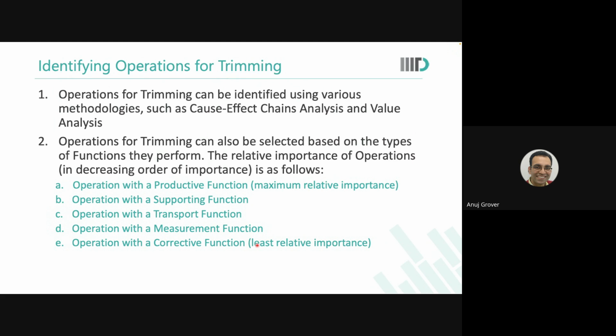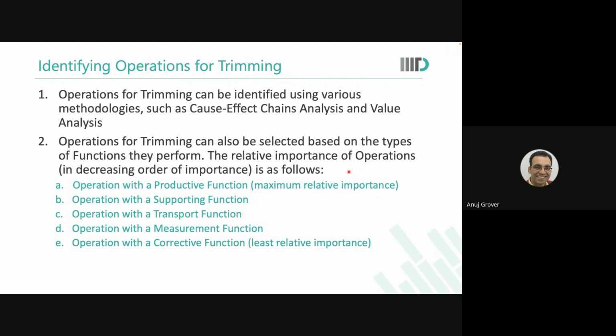But now we look at it as operations of trimming can also be selected based on the types of functions they perform. The relative importance of operations is as follows. There, we said basic is the highest, because basic functions were acting on the target. Here we are saying productive functions are of the highest value. We can do the same ranking. Productive functions, because their artifact is evident in the final product, are of highest value.